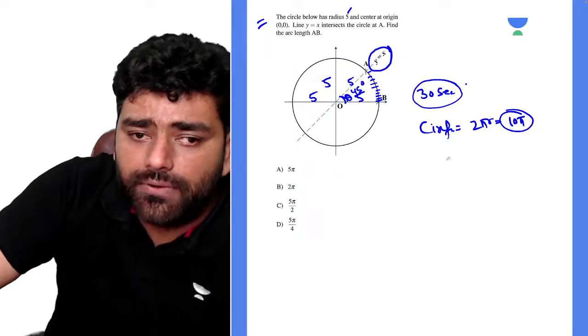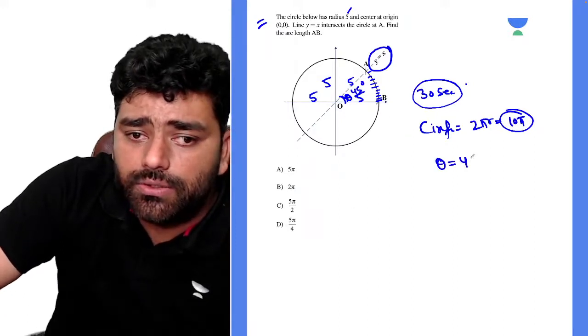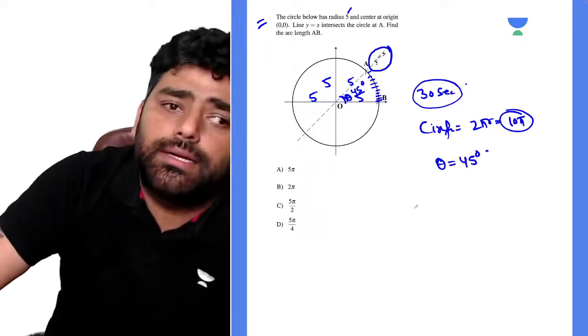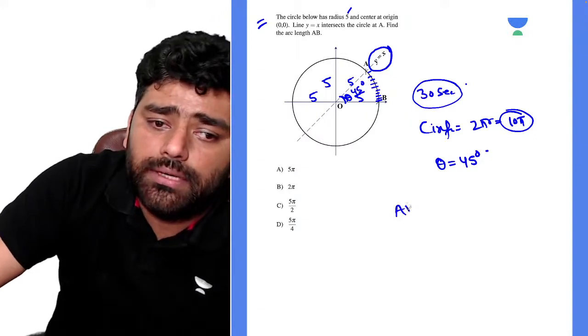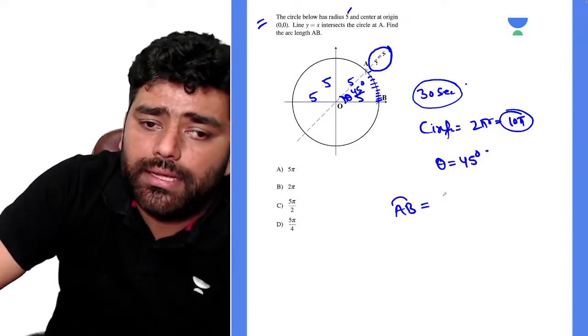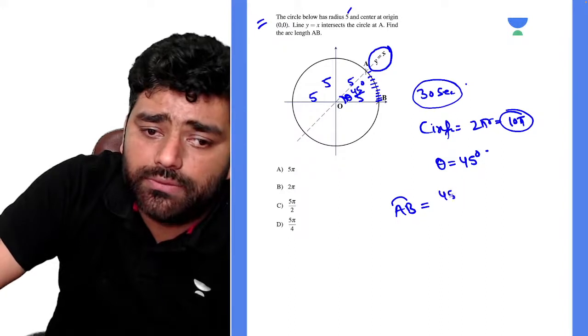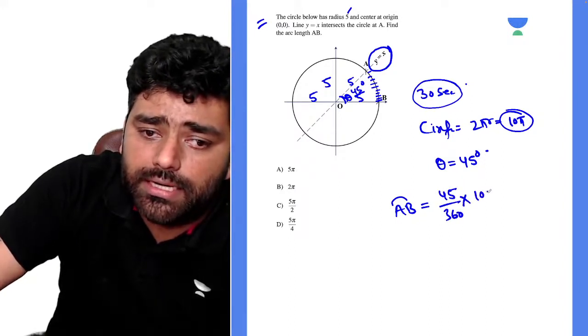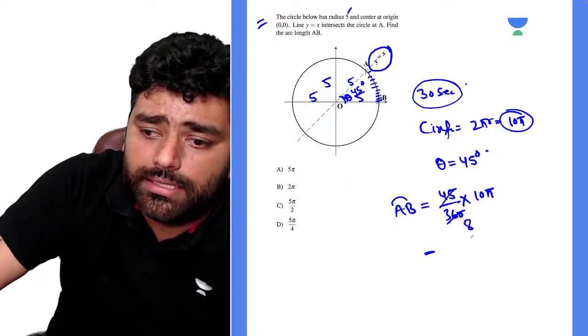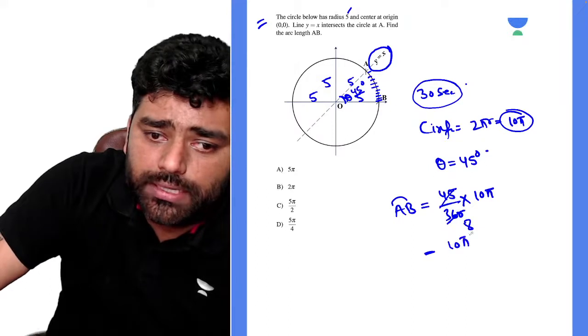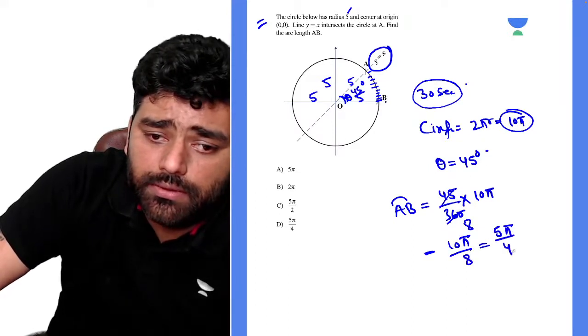So that means the central angle is equal to 45 degrees. So what will be the arc AB? Arc AB is equal to theta, that is 45 by 360, multiplied by the circumference, that is 10 pi. So how many times will it cancel out? 8 times. So this is going to be 10 pi divided by 8, so that is 5 pi divided by 4, guys.